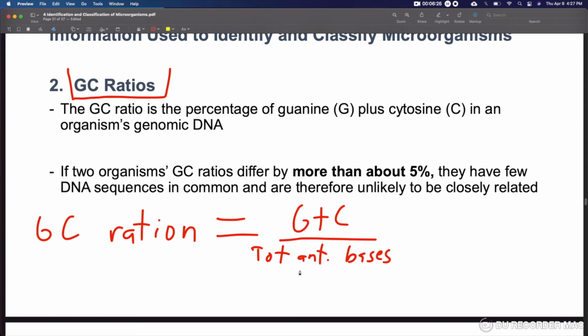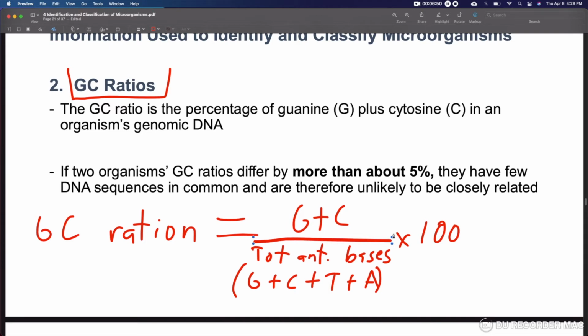The total amount of bases are the G, plus C, plus the T, plus the A's, times 100. So this is how you compute for the GC ratios.